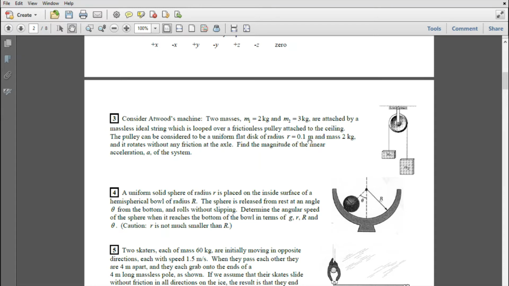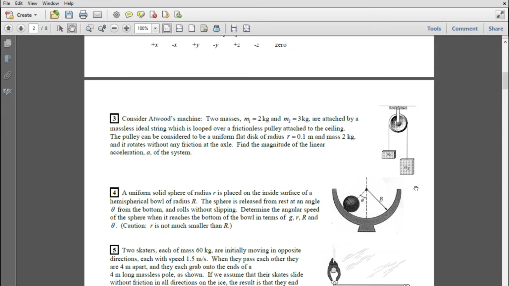Radius 10 centimeters, mass 2 kilograms for that disc. It rotates without any friction at the axle. Find the magnitude of the linear acceleration of the system.